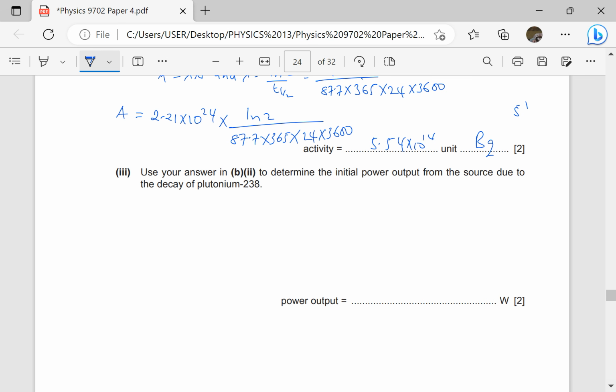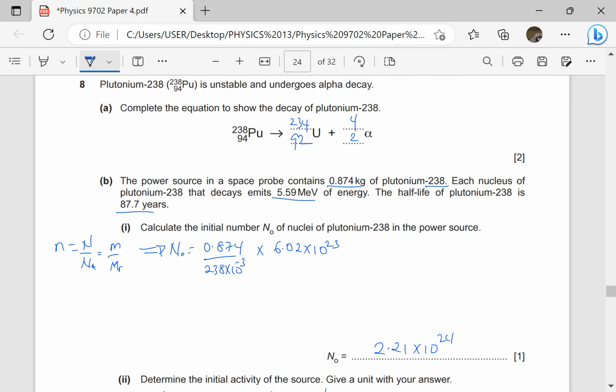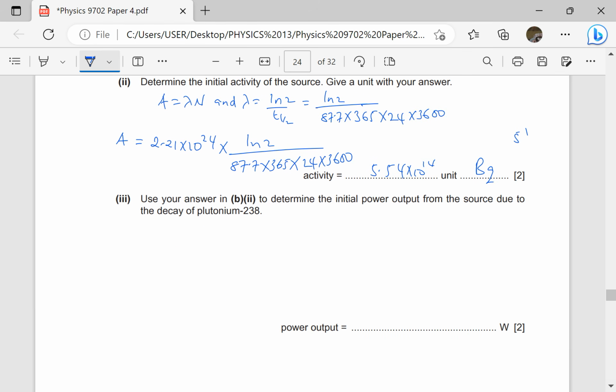So we know, since we have the number of nuclei, activity is the number of decays per unit time, and for every decay, the amount of energy given is 5.59 mega electron volts. So every decay gives us that amount of energy, and we have the number of nuclei decaying per second as 5.54 times 10 power 14.